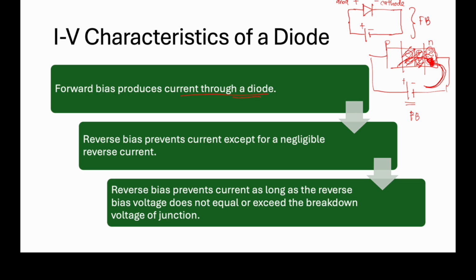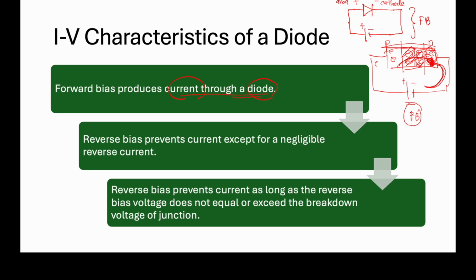Therefore the free electrons will be able to flow along this diode. When the diode is in forward bias configuration, the depletion region becomes thinner and thinner. So this allows the current through the diode to be measured.